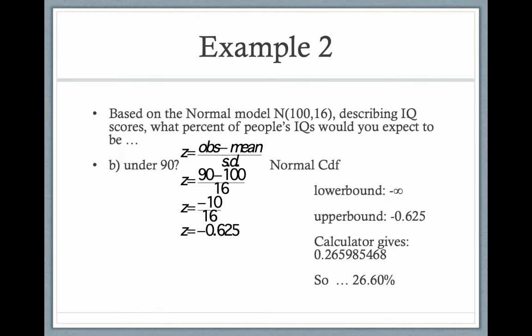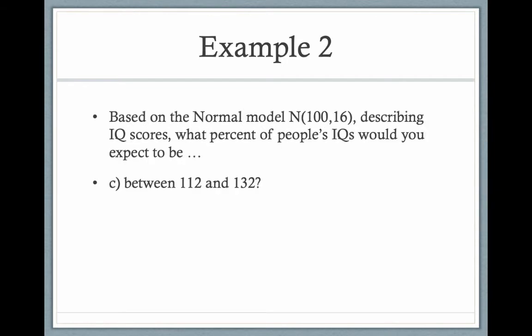You're going to leave the lower bound negative infinity, and the upper bound is going to be negative 0.625, and so the calculator gives you 0.265985 on and on. We're going to round to 4 decimal places, so 0.2660, and then convert it to a percent, so 26.60%.